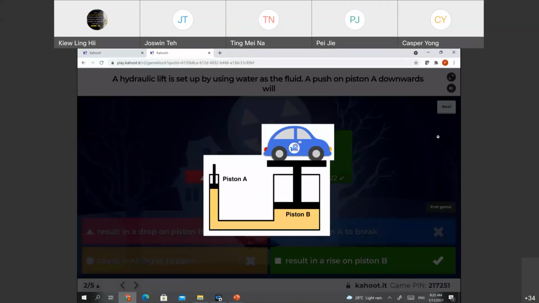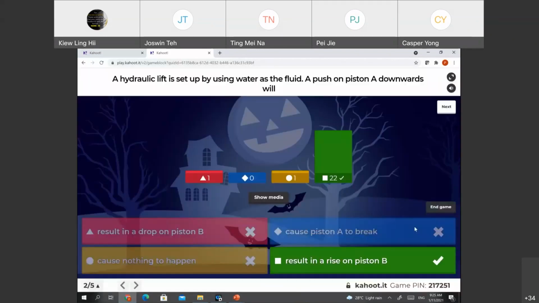So a small push down at piston A will cause a rise in piston B. Very good, due to Pascal's principle.